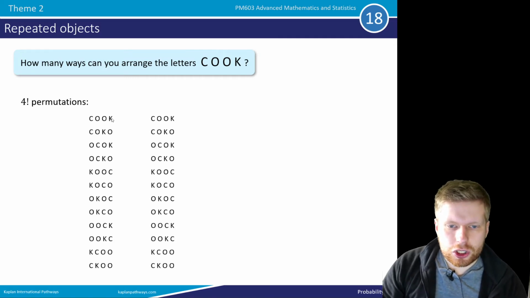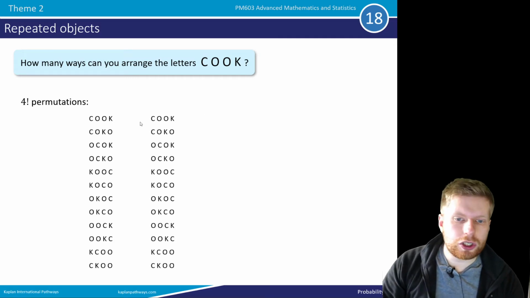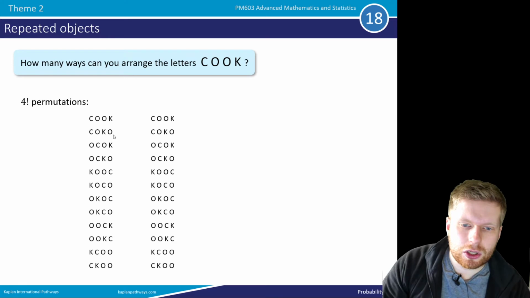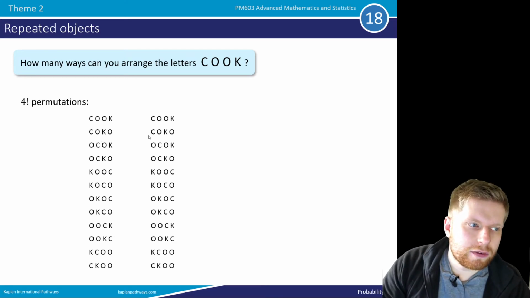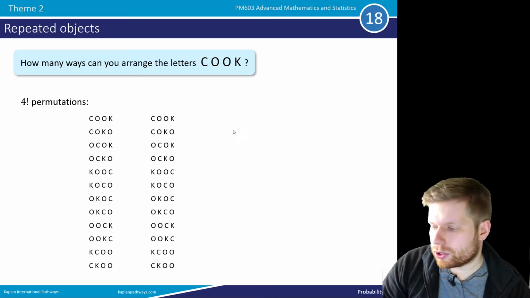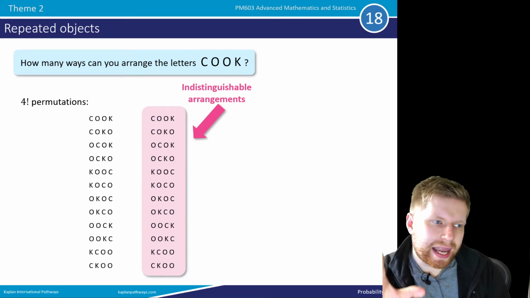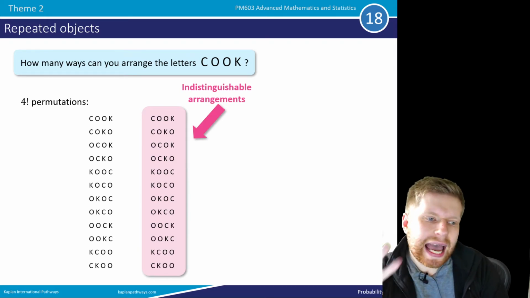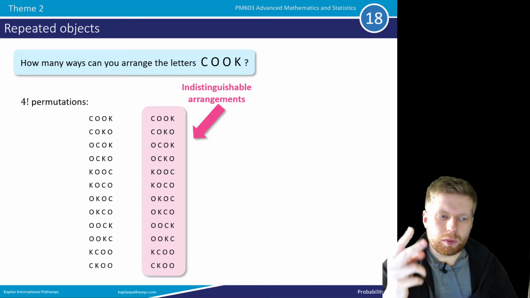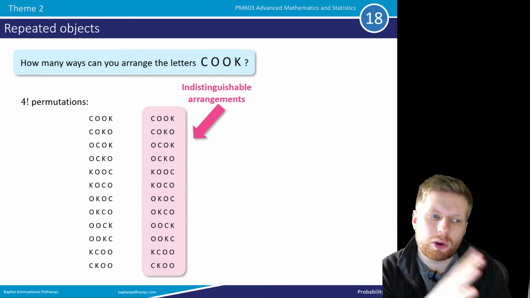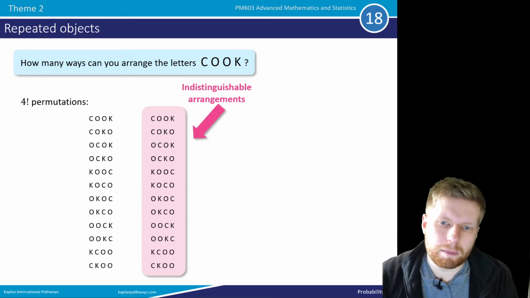And you see the top 2 examples, even though they look to you exactly the same, they're not the same, because I've switched the 2 O's around. With the next 2, in row 2, I've switched the 2 O's around to get from the left column to the right column. So all of the column on the right are indistinguishable from the left. I cannot tell you they're different because the 2 O's are the same. I've simply switched them around and they look exactly the same as the ones in the left column.